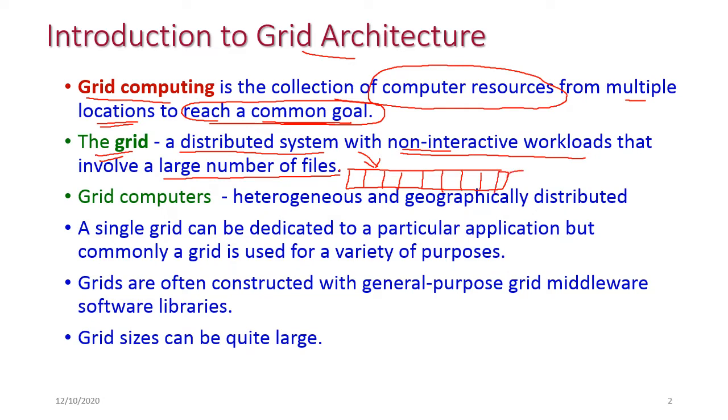All these small problems will be executed in parallel, and we will collect all the results and consolidate the final result, and that result will be given to the user. So this is called non-interactive workloads.